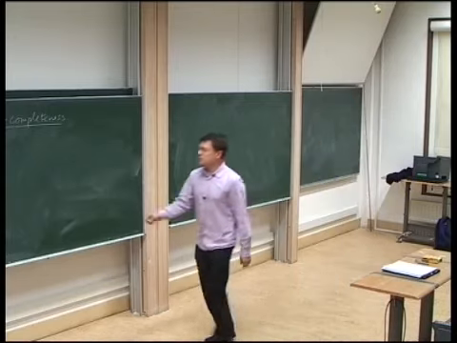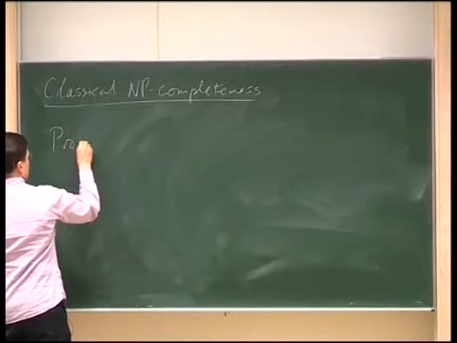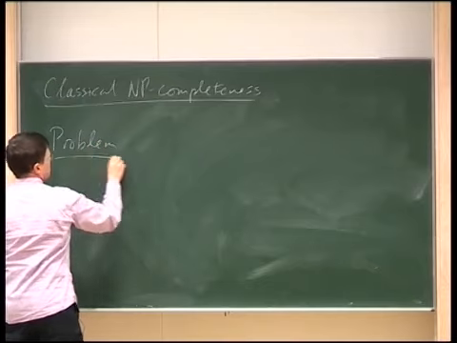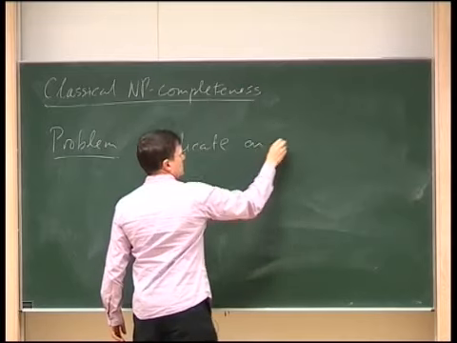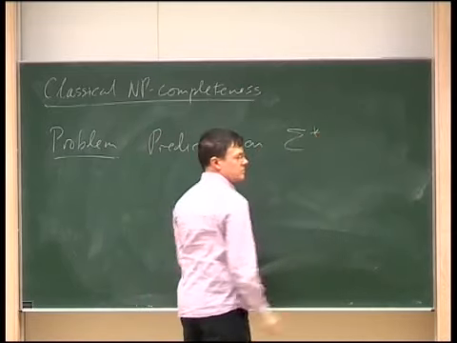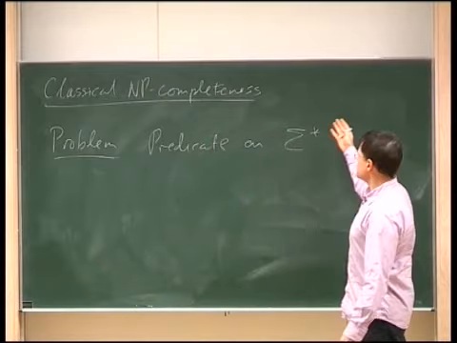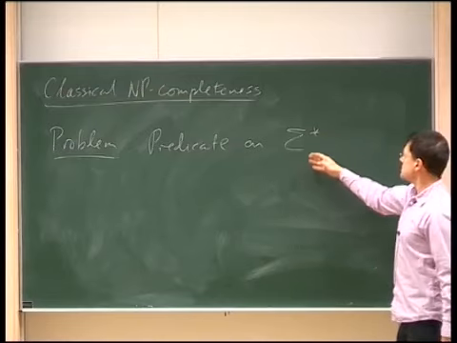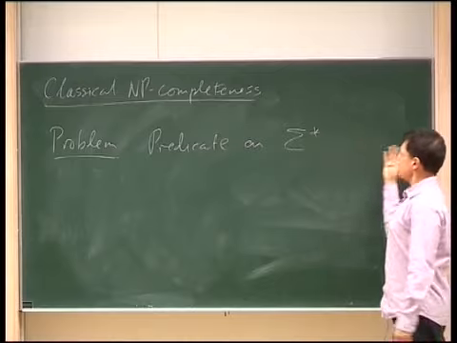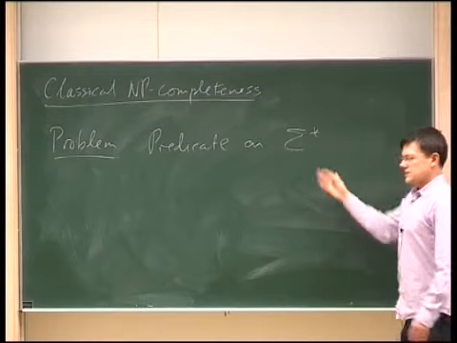So it's formalized. A problem in this classical theory is just a predicate on sigma star. You choose an alphabet sigma, and it could be binary, say 0, 1. So you encode all of your problem instances in binary, as sequences of characters.